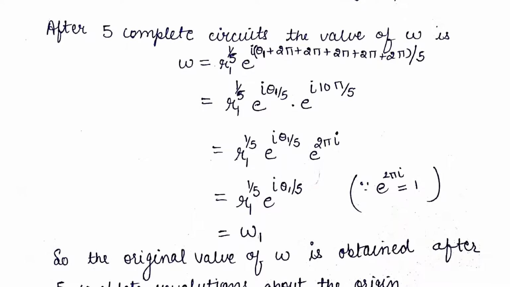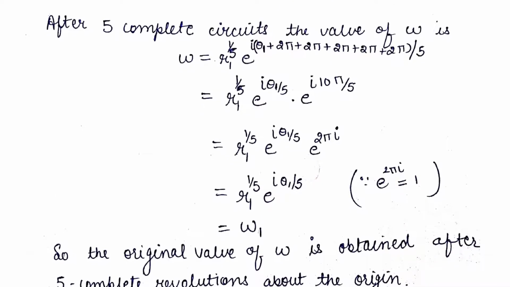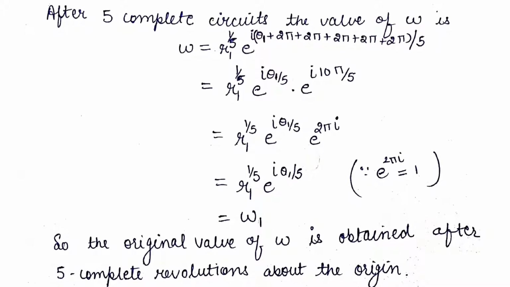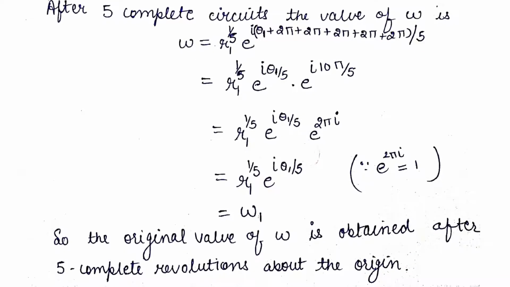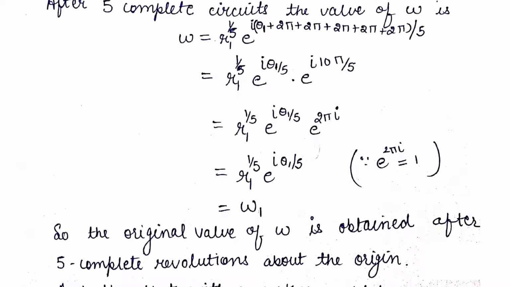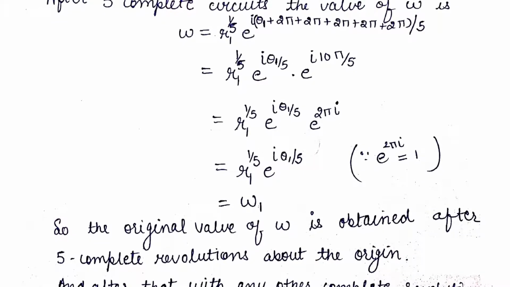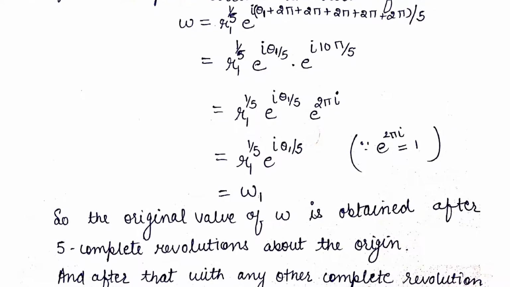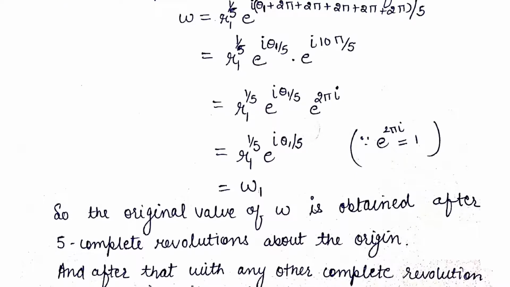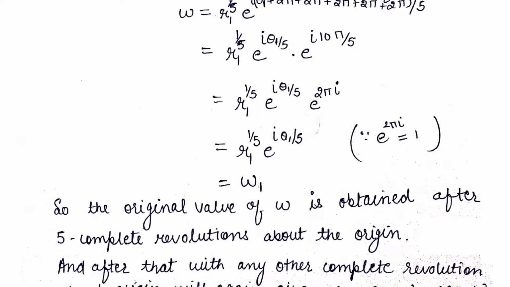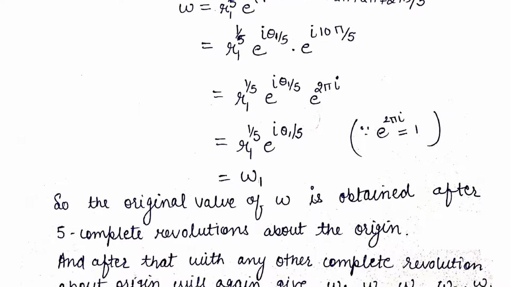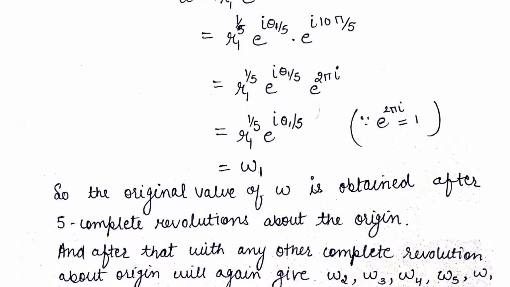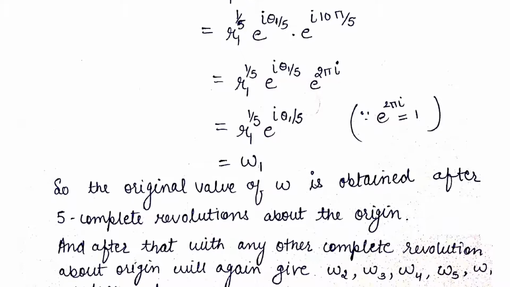It means that the line θ is equal to 2π acts as a barrier, and if we cross this once, then we are on the second branch. If we cross this line θ is equal to 2π by making another circuit, then we are on the third branch, and after repeating it 5 times, we are on the same branch of the function.